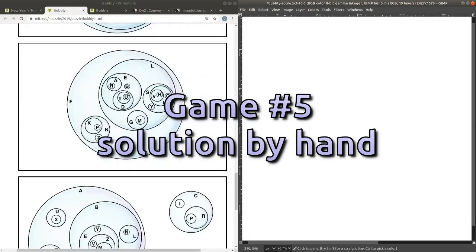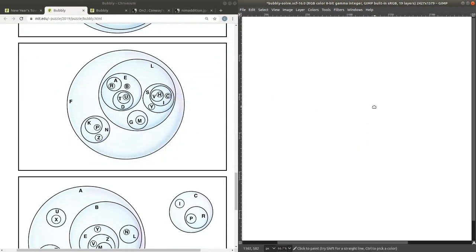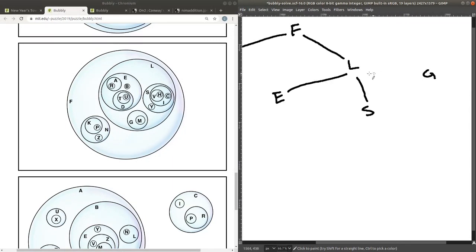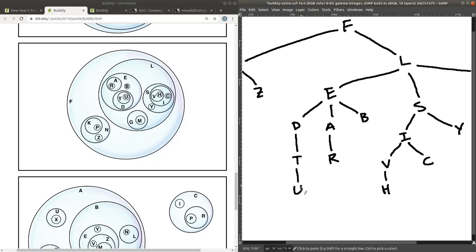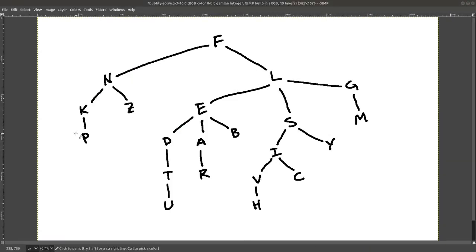All right, number 5. It's all one big bubble. So the process is pretty complete now. The only thing that helps a little bit is to recognize structures you've seen before.